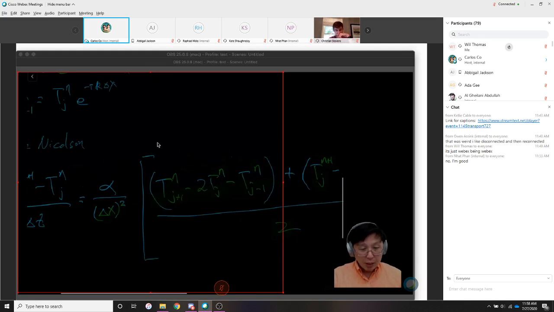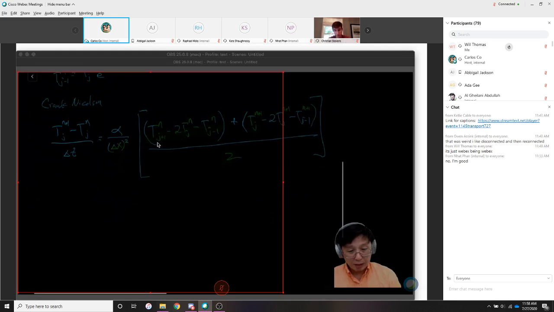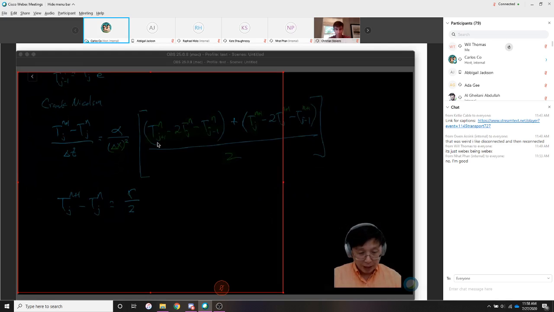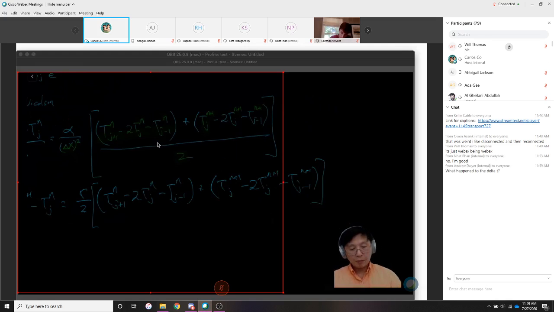If we write this out, it looks something like this: t j at n plus 1 minus t j at n is equal to r divided by 2, multiplied by t j plus 1 at n minus 2 t j at n plus t j minus 1 at n, and then plus the other one, t j plus 1 at n plus 1 minus 2 t j at n plus 1 plus t j minus 1 at n plus 1. And that's it.